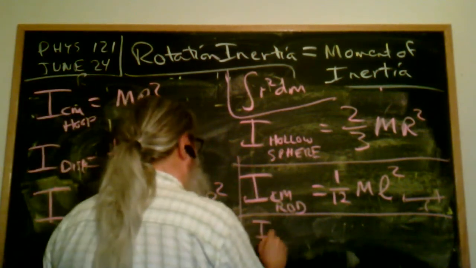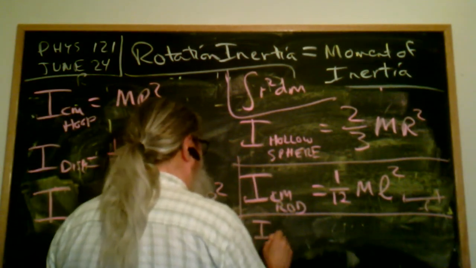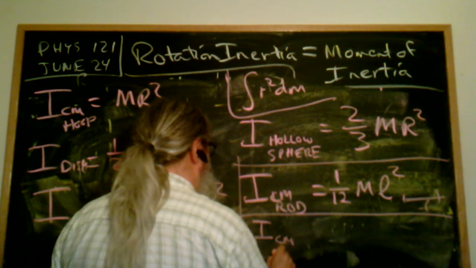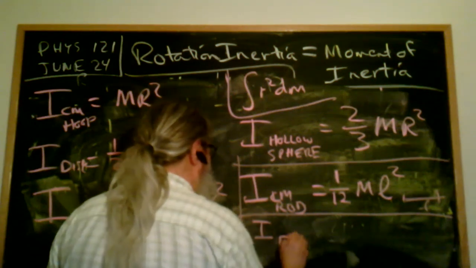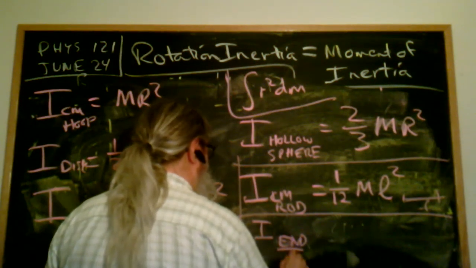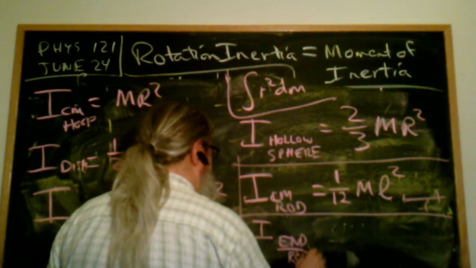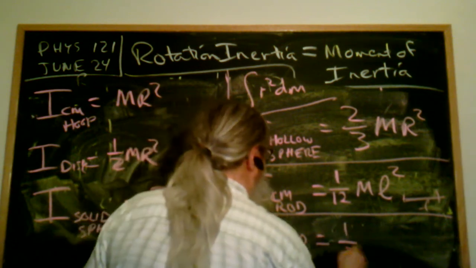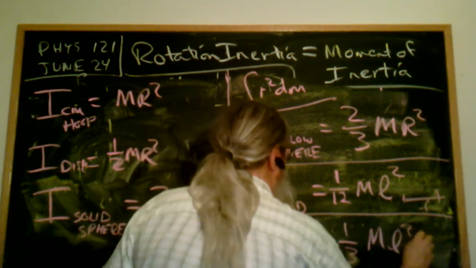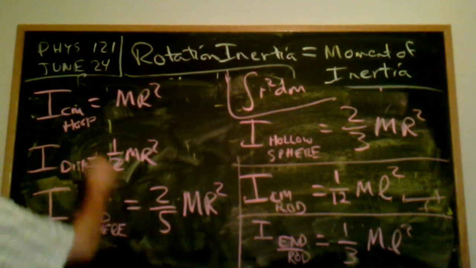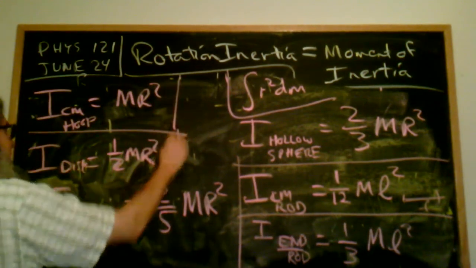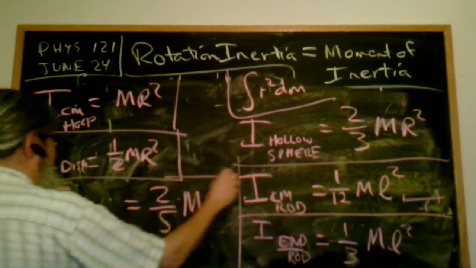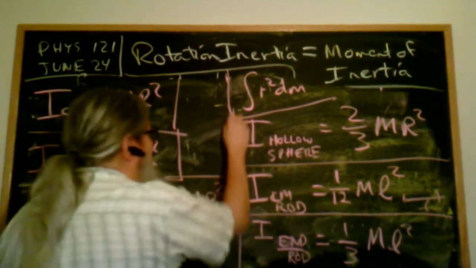But often we don't want to rotate about the center. We want to rotate about one end. So about an end of the rod, well, now there's more material towards the outside. That's 1/3 m L squared.